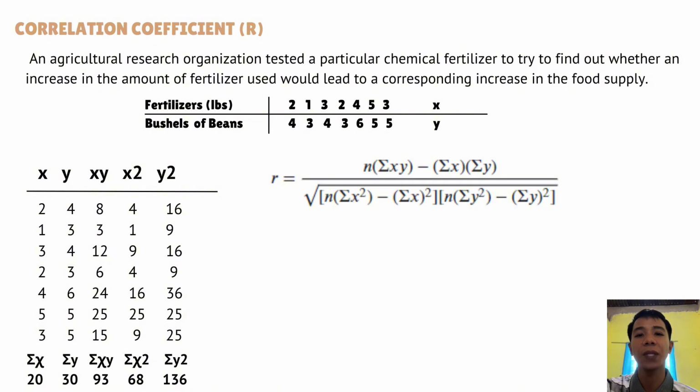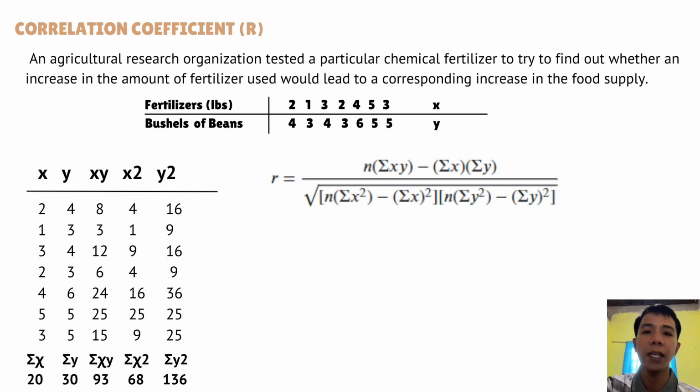Another thing you'll notice is that there's a bracket here, and then there's a bracket right beside that. Very important to do it stepwise, and also don't forget to take the square root in the end.